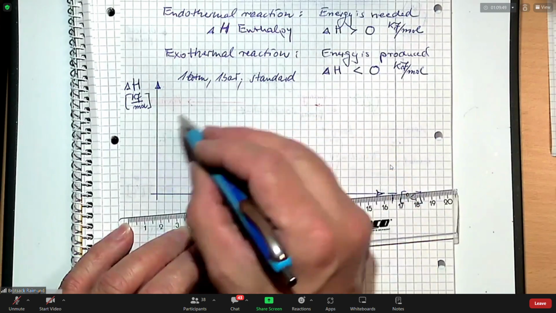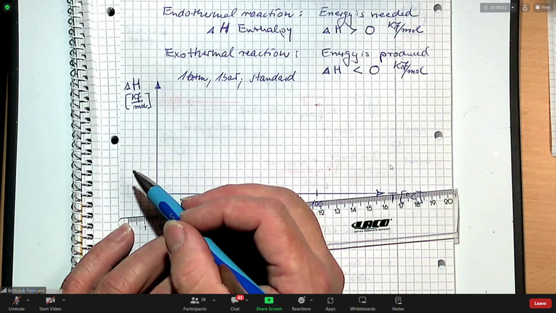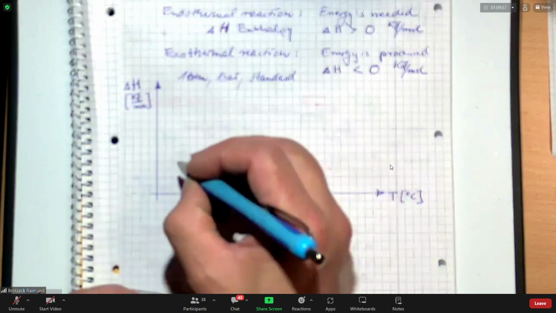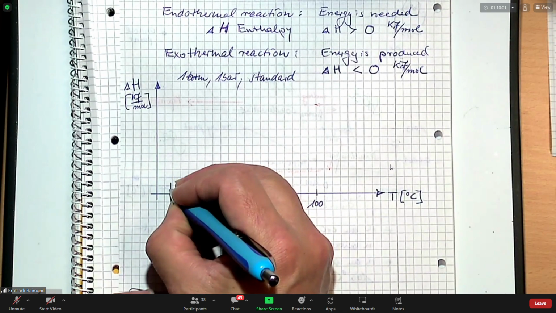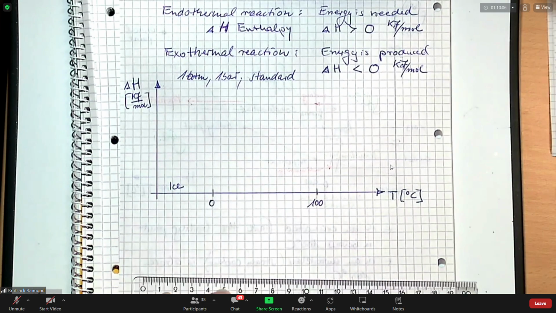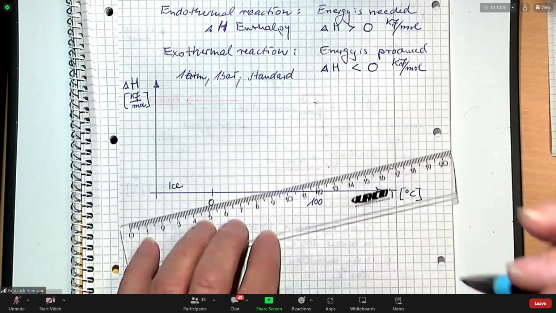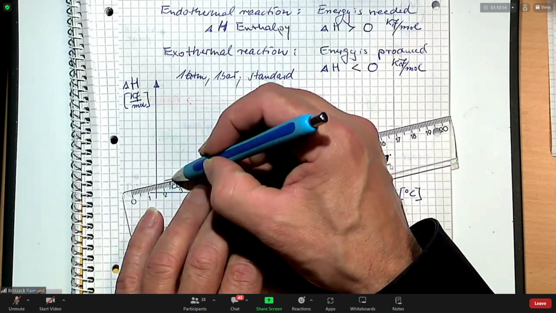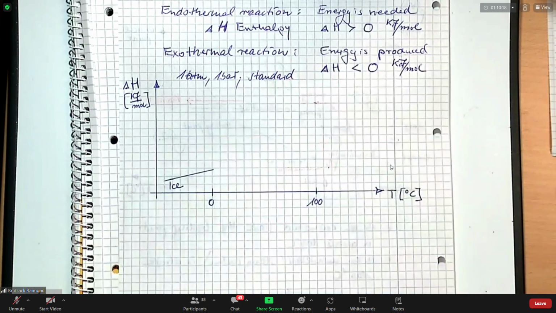We are talking about water at normal pressure: ice. So we have ice on this side and we heat it up. Of course, we come from minus 100 degrees Celsius, it's ice. But we heat it up, so we come from minus 100 up to 0 degrees Celsius.